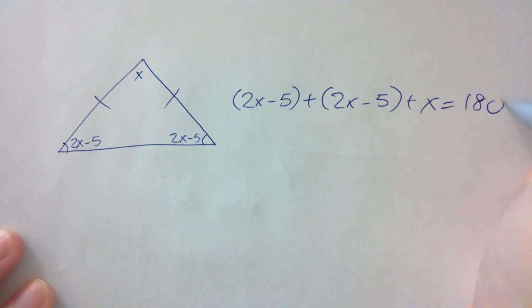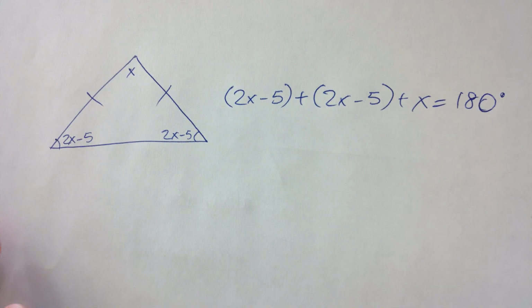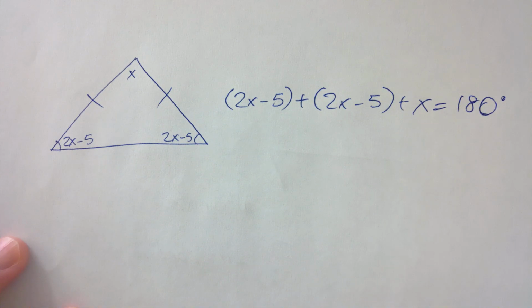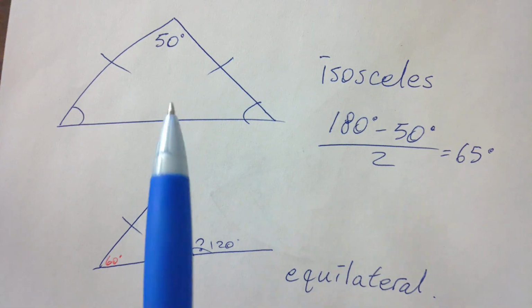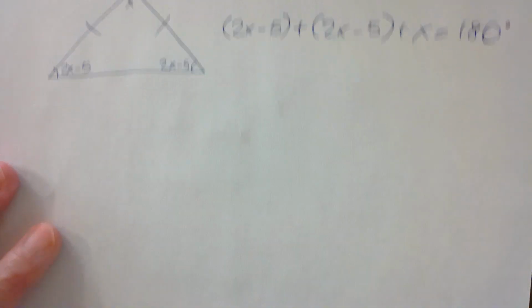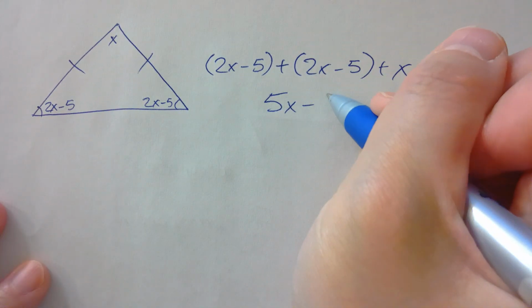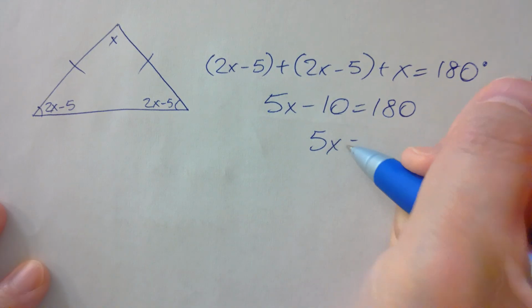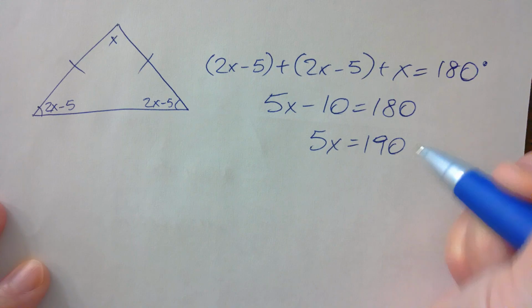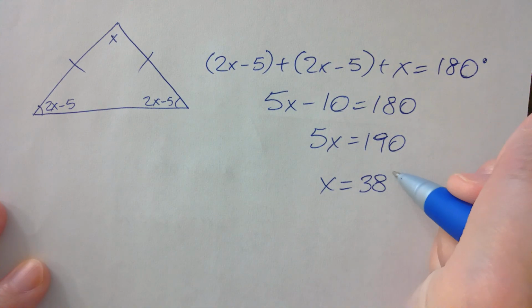Right. You're going to see a lot of these type of questions on the test tomorrow where it involves algebra. Because if I just ask you something like this, you've seen a question like this in grade 7 and grade 8. This is the grade 9 question. So when you add up the algebra, you get 5x minus 10. So then 5x equals 190. So x equals 38. What's your unit? Degrees.